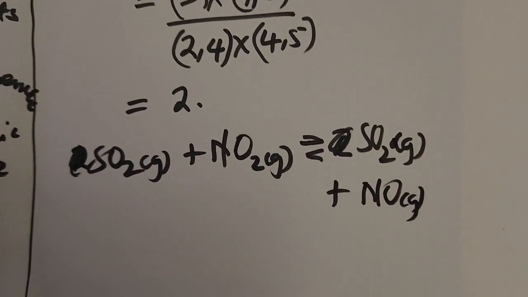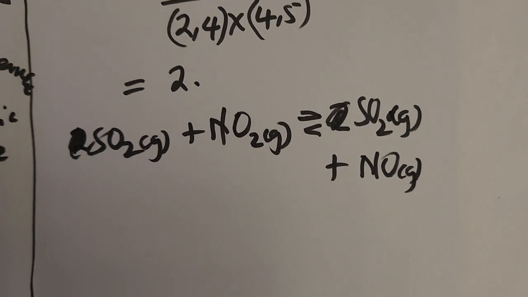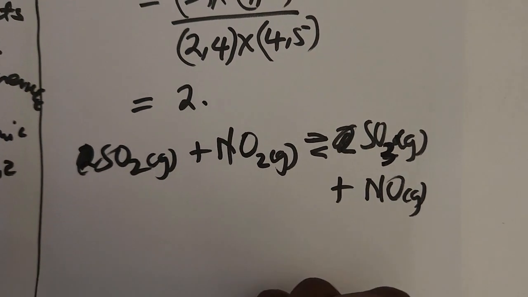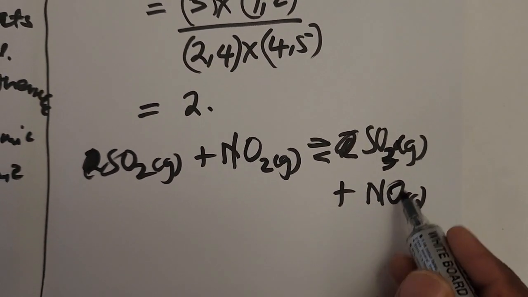They are all in equilibrium. In this case, this is sulfur trioxide, the other one is sulfur dioxide. Sulfur dioxide forming sulfur trioxide.